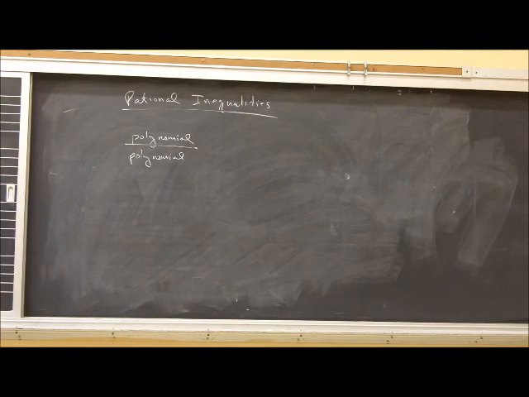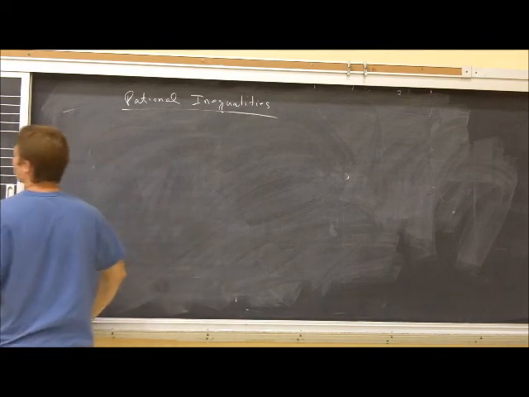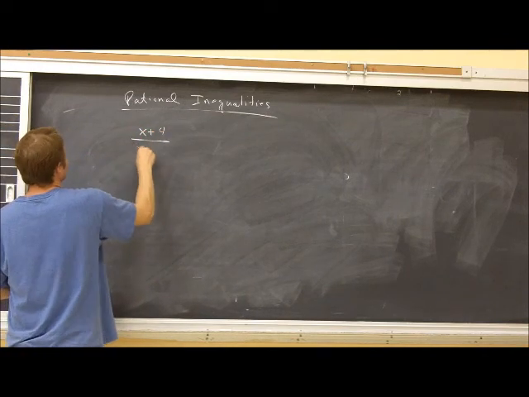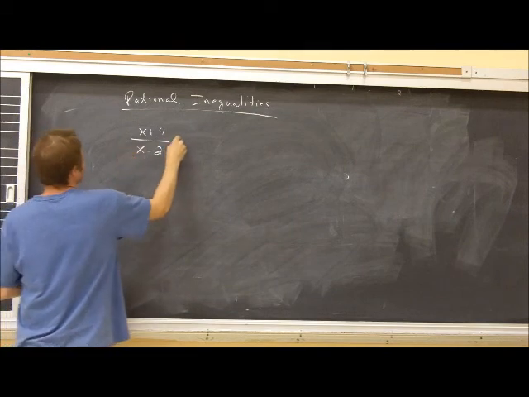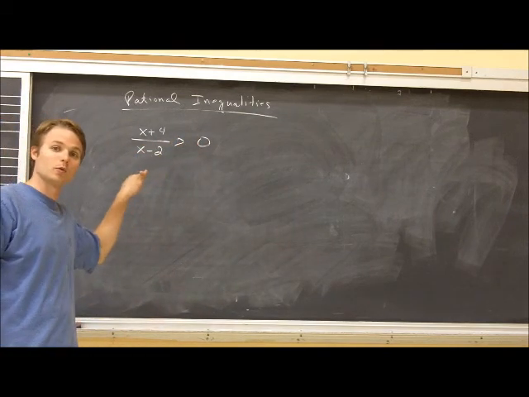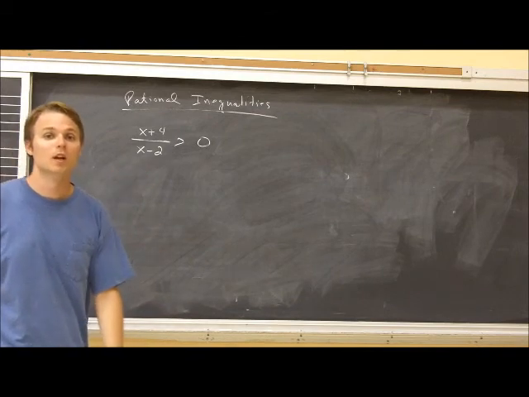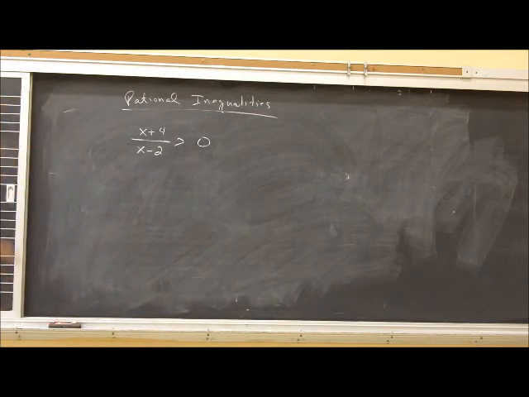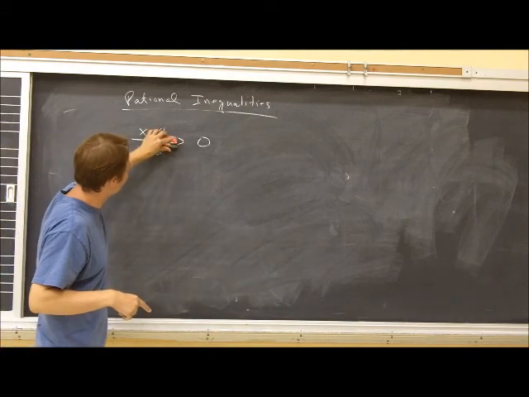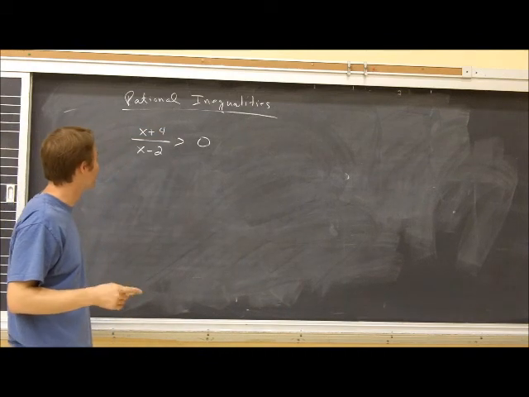So I'll give you an example of a rational inequality. So for example, something like this. Okay, this is a rational inequality, x plus 4 over x minus 2. X plus 4 is a polynomial, and x minus 2 is a polynomial. Now, the question is, how do you figure out where this rational expression is greater than 0?